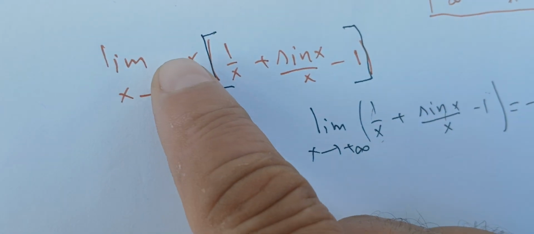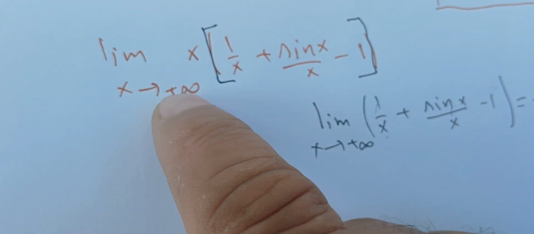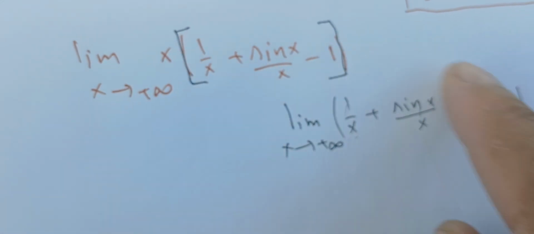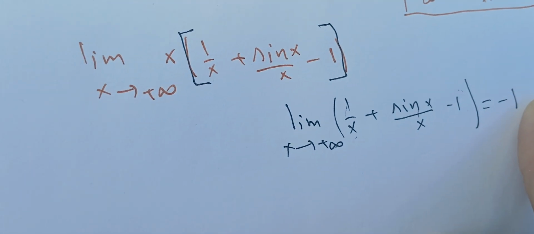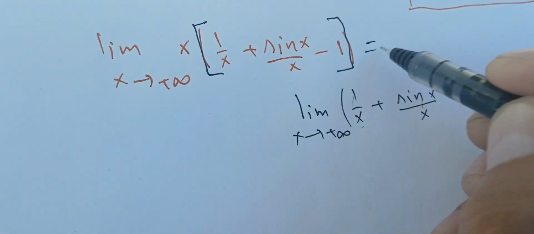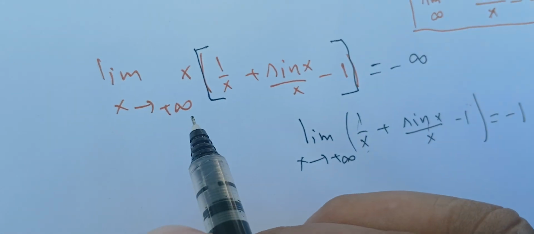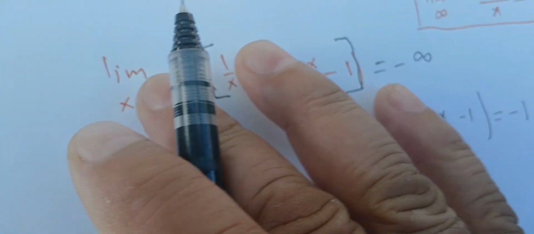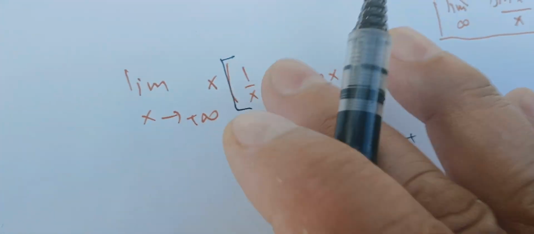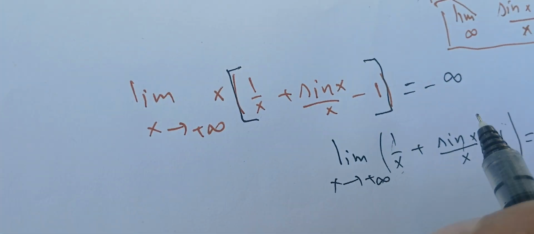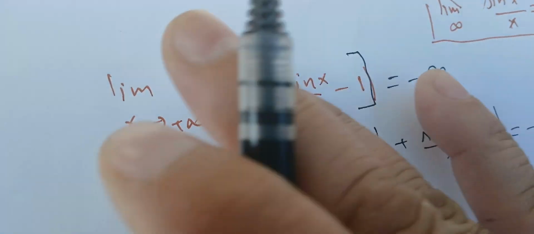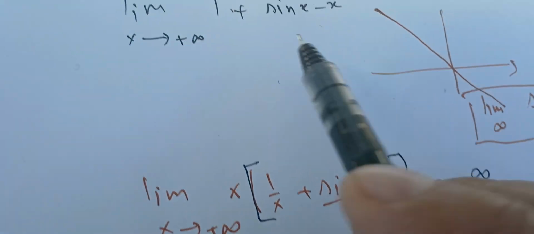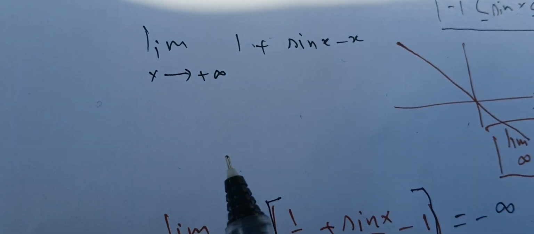And x, when x goes to plus infinity, is plus infinity, times this minus 1. Using the properties of the product of limits, this limit is minus 1 times plus infinity, so this is minus infinity.